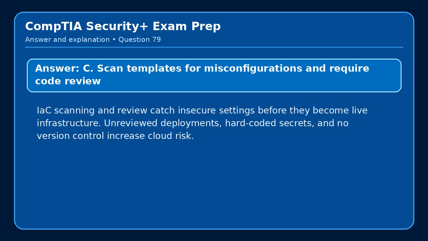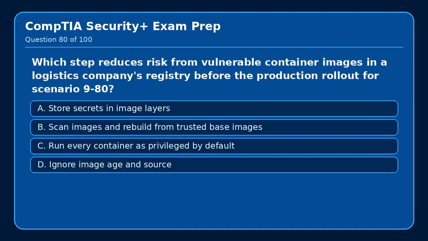Question 82. Which remote access design gives a manufacturing plant stronger access control than exposing admin ports to the internet while updating the runbook for scenario 9-82? A. Disable logging for remote sessions. B. Expose RDP to any source. C. Use a VPN or zero trust access broker with MFA.